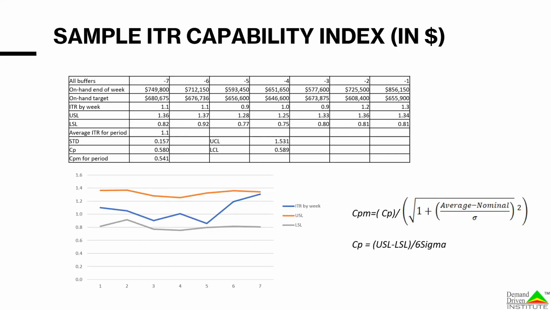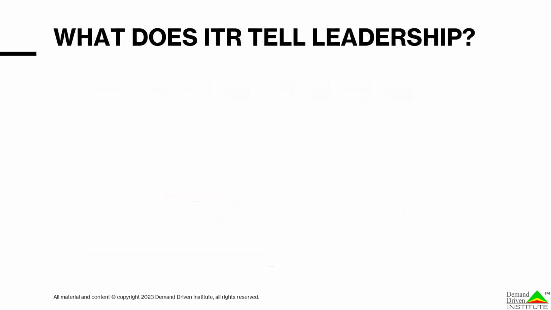And remember, a few slides ago, the dollars and the units reconcile at the ITR level, okay? But to deal with different units of measure, we could have gallons, pallets, versus whatever, we go to dollars at this level. So what does ITR tell leadership?